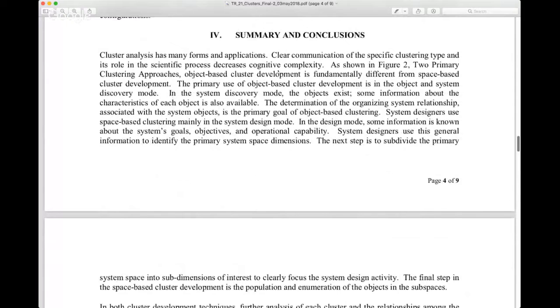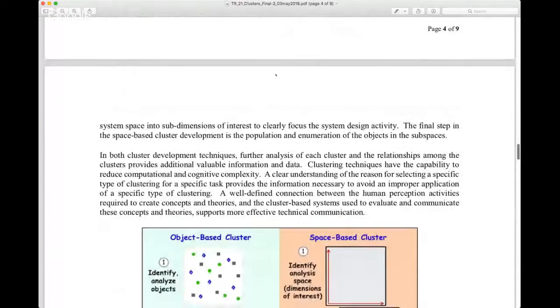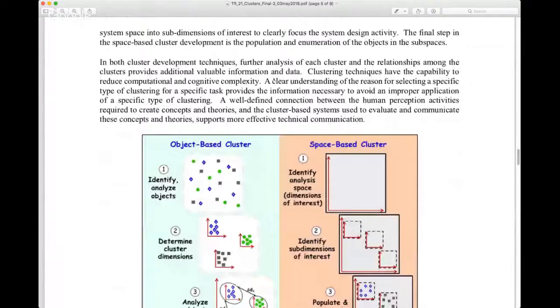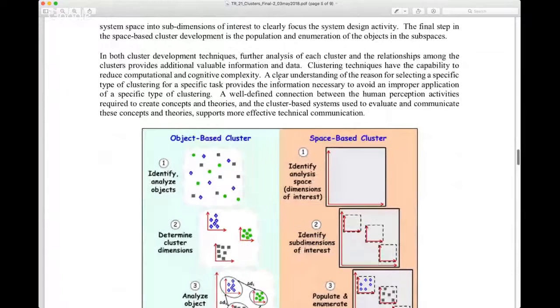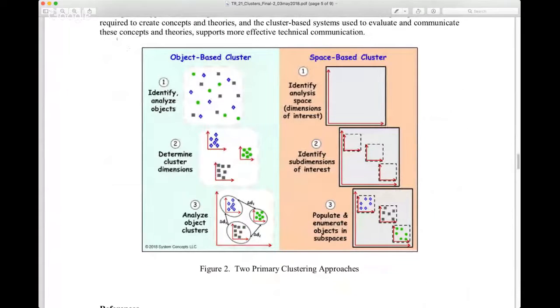And yeah, so that's the space-based subdimensions. So here, the final little figure kind of shows the object-based cluster, where you identify and analyze the objects. The key part of this is in the discoveries, you're going out and you're going to discover these things that are already there.